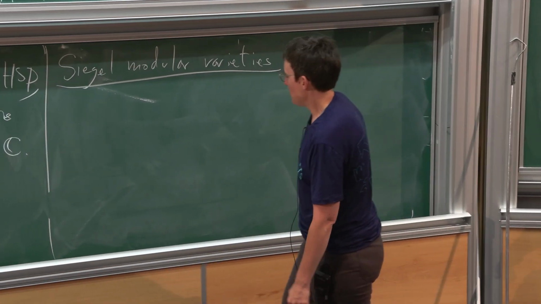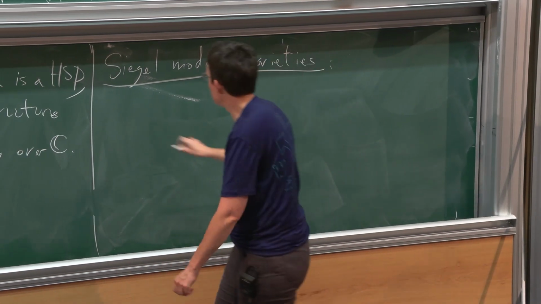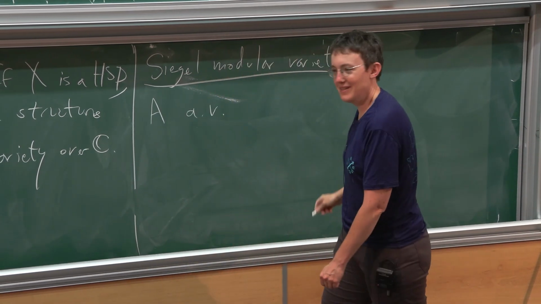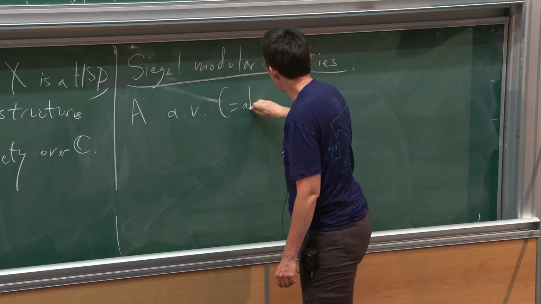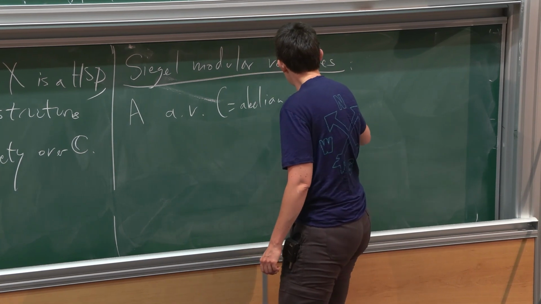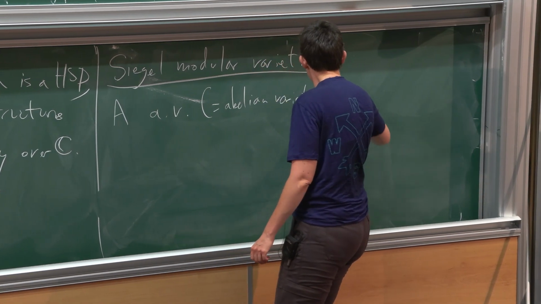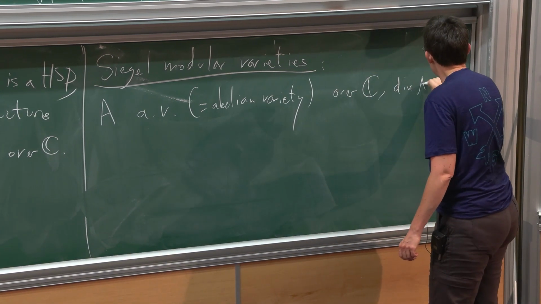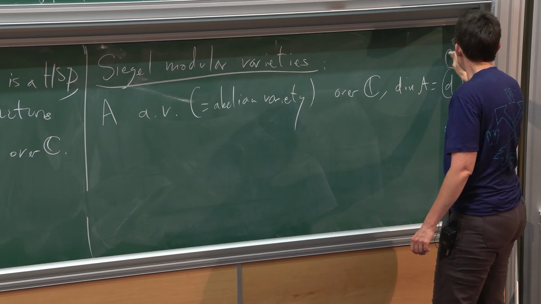Let's talk about Abelian varieties over C. Let A be an Abelian variety (AV) over C of dimension d, and d is going to be fixed.